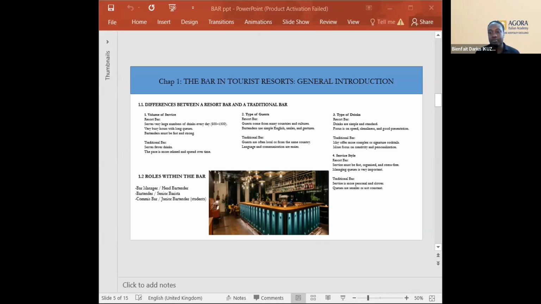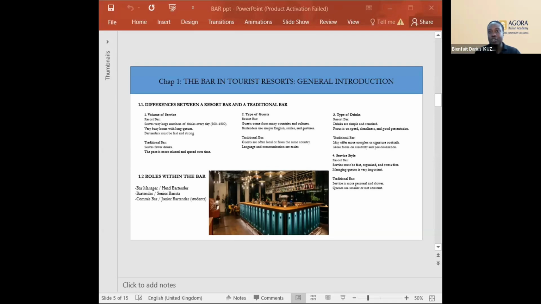Let's say they provide the Aperol Spritz, the mojito. So we have these simple and standard drinks that we prepare, let's say cocktails. Whereas in the traditional one, when you get to Sardinia, they drink Ichnusa beer because they are in the southern part. When you go to Germany, they have their own brand.